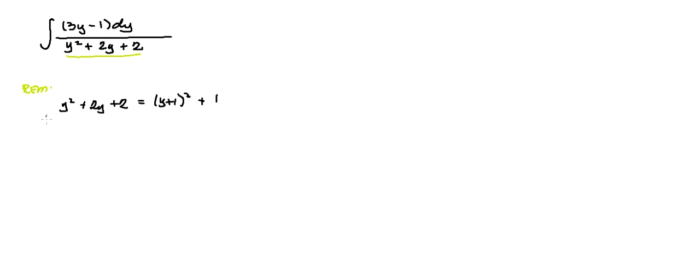So instead of this, we simplify our equation as (3y minus 1) dy all over (y plus 1) squared plus 1.